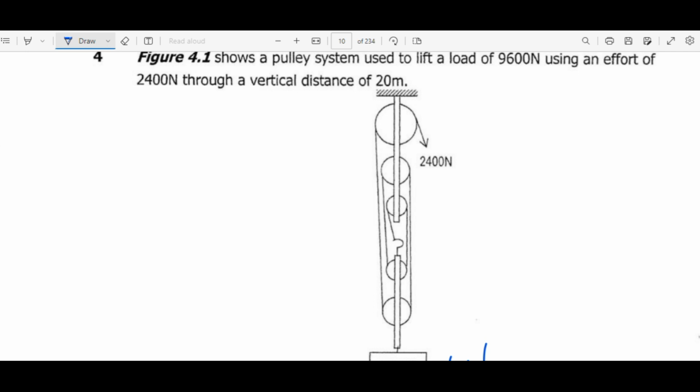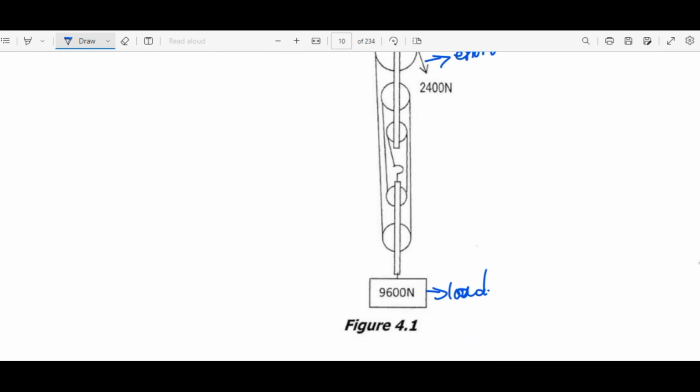It's a mechanical device in which less effort is applied to overcome a huge load. So you are given a chance of applying a small amount of force to lift something that has a greater amount of force. This is the rope where the effort is applied. So we have the effort force, then the load.